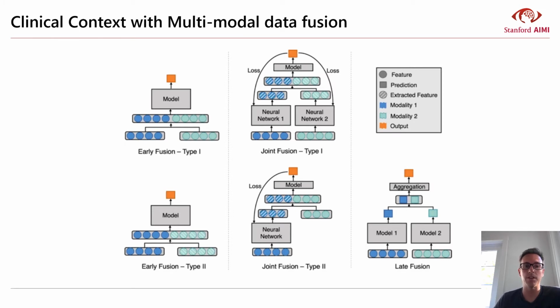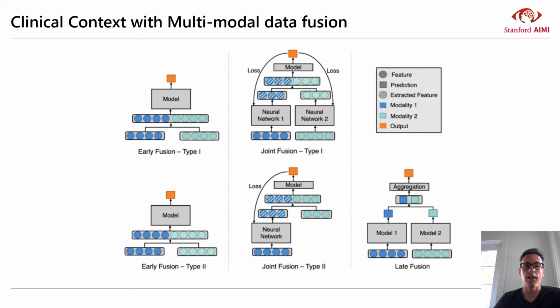And the early fusion is really where you're concatenating the original features or the feature representations at the very early input level into a single feature vector before feeding into the machine learning model for training. And you can see there where things are being concatenated early on.